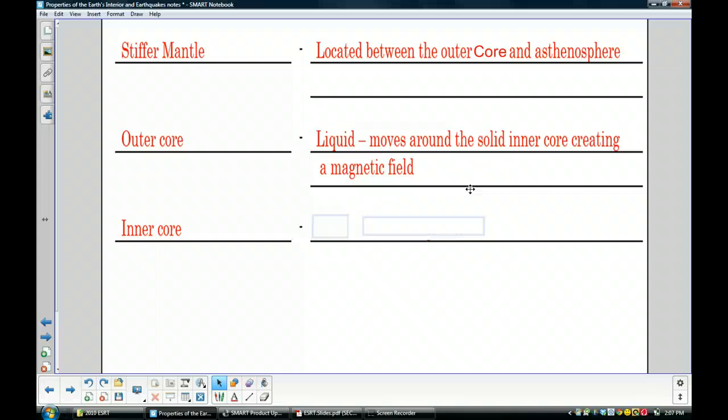As they hit our magnetic field, they're directed towards the poles and funneled away from the Earth. The magnetic field is protecting us from lots of those charged particles. This magnetic field is created by this flowing, moving, liquid outer core, which is really important in terms of protecting the Earth.